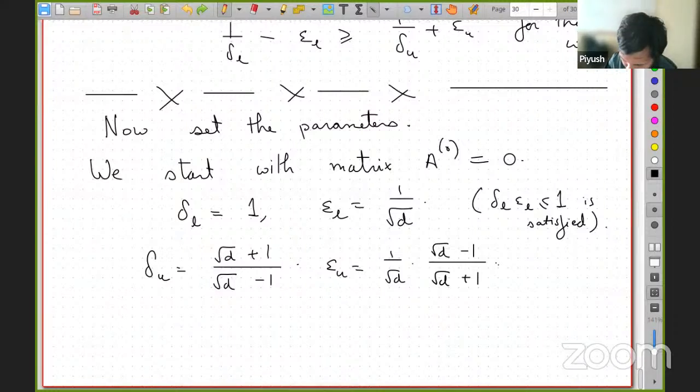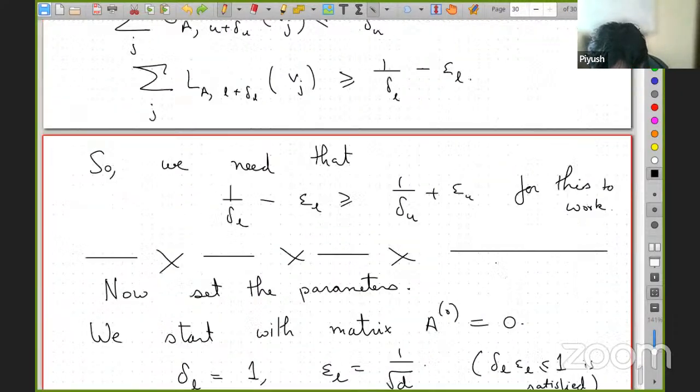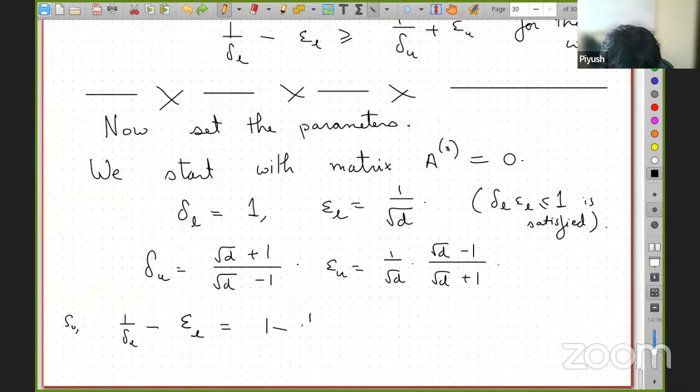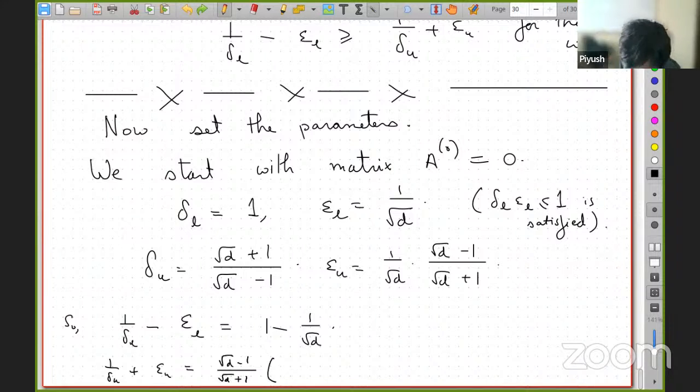Okay, so the point is that 1 over delta L minus epsilon L is like 1 minus 1 over root d, and 1 over delta U plus epsilon U is equal to root d minus 1 over root d plus 1.